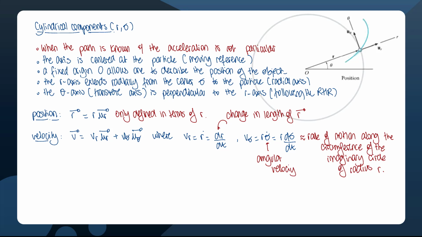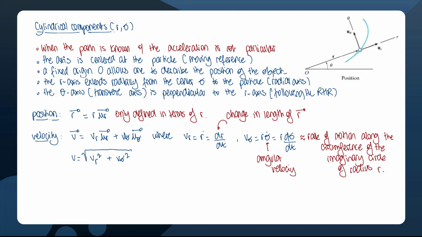So if you draw the circle of radius r in the image on the right, you'll notice that V theta is always tangent to that circle, so it can represent the rate of motion along that circle itself. Now finally, if we want to get the V value in magnitude, so the speed per se, it would be the square root of Vr squared plus V theta squared.